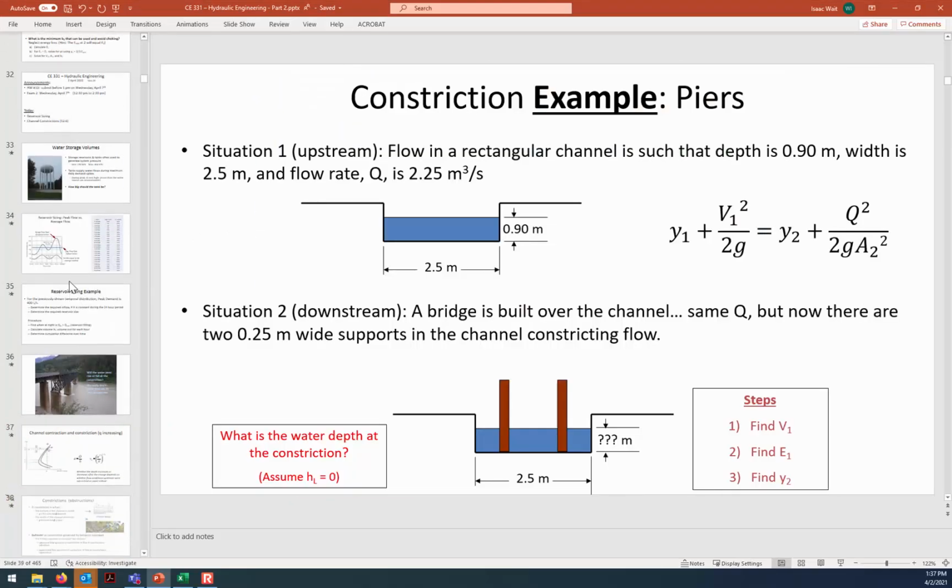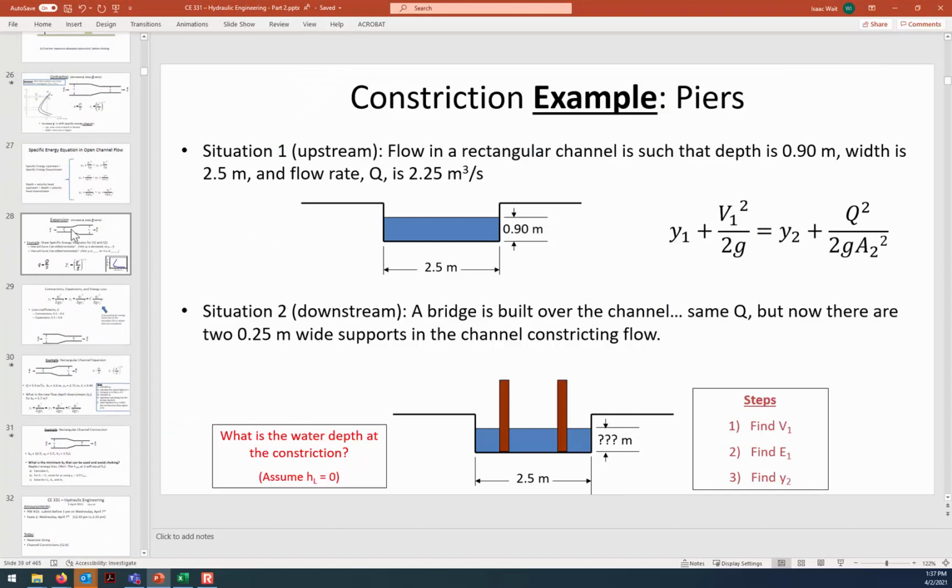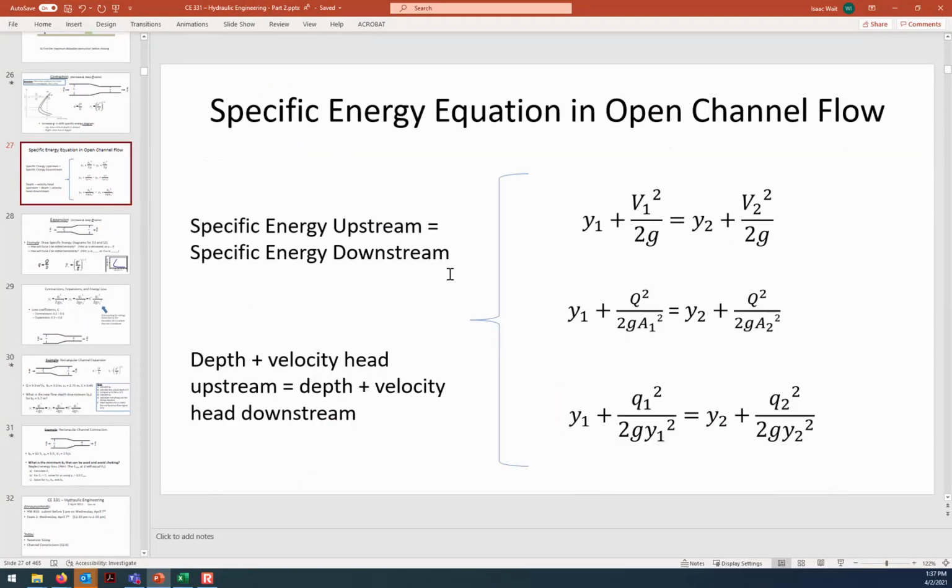And let me just remind you the different kind of ways that we can see specific energy. We can have specific energy being in terms of flow rate, Q. So this is one way that we can write the velocity head, or we can have it in terms of flow per unit width at 2.